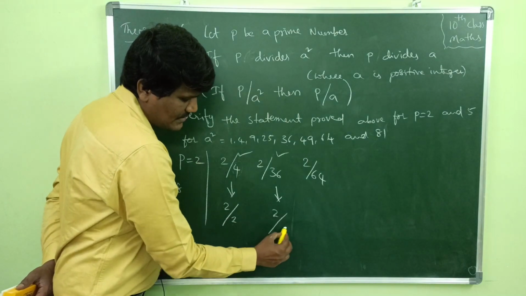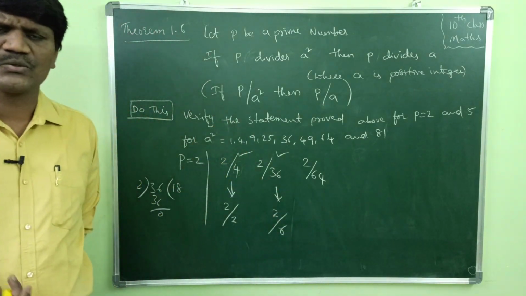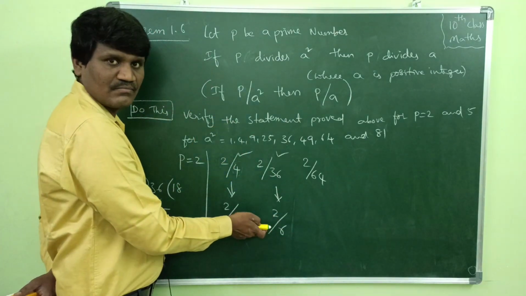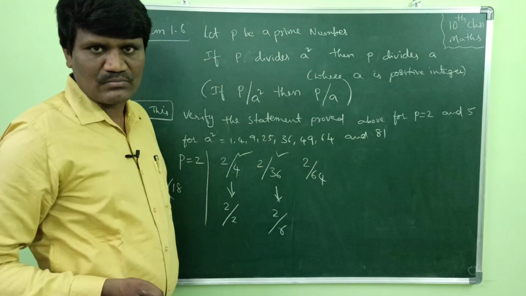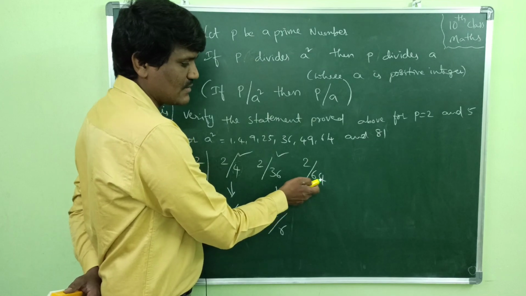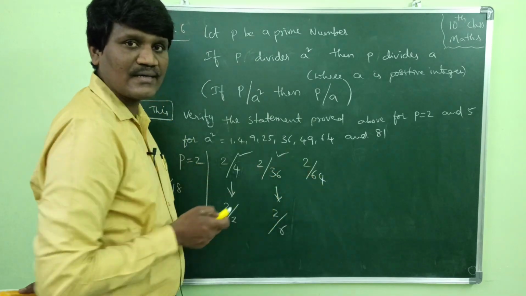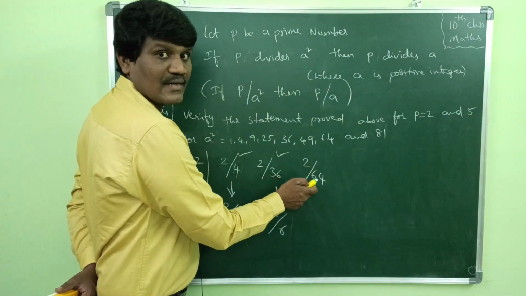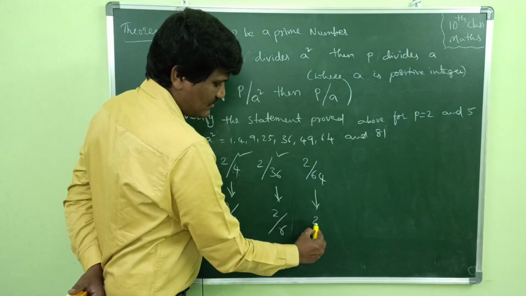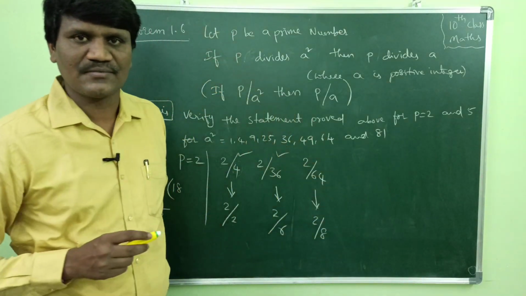Does 2 also divide 6? Yes, 2 3s are 6. It divides. Same way, does 2 divide 64? Yes, 2 divides 64, because I can write 64 as 8 square. So 2 divides 8 square, then 2 also divides 8.